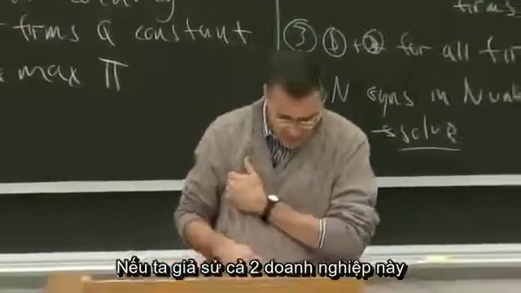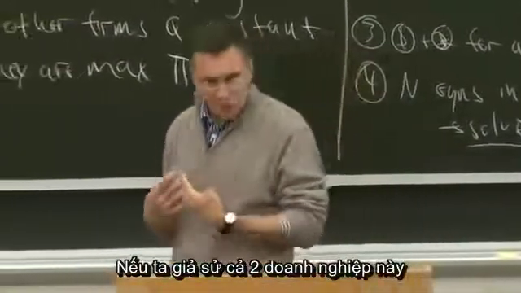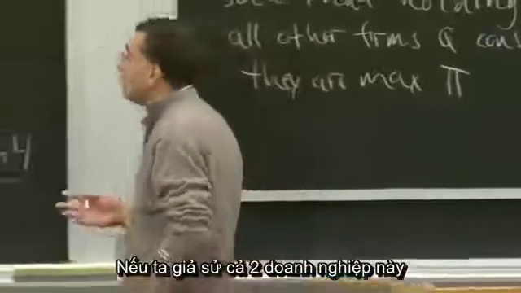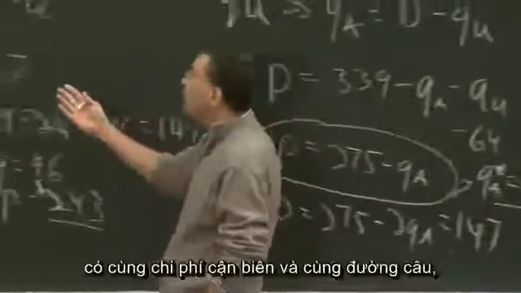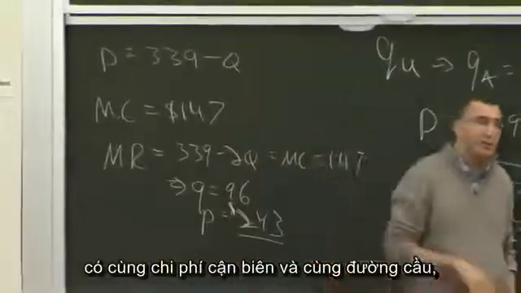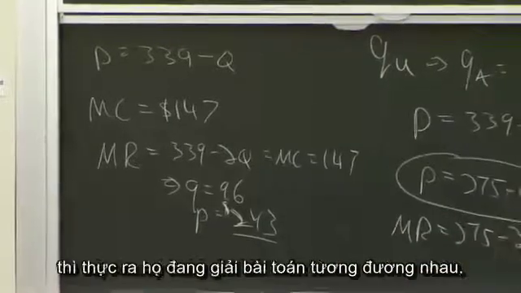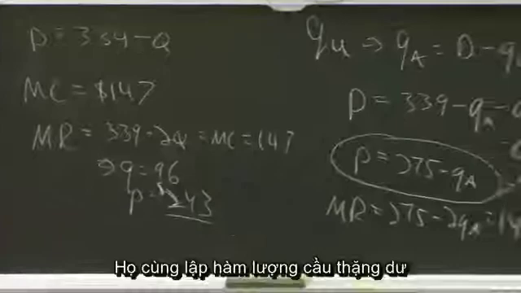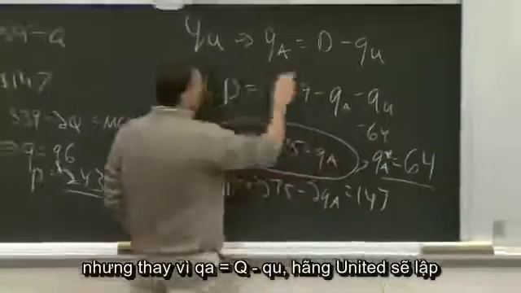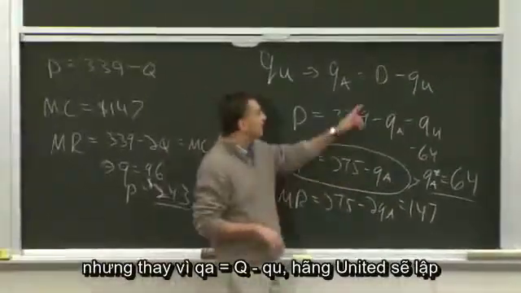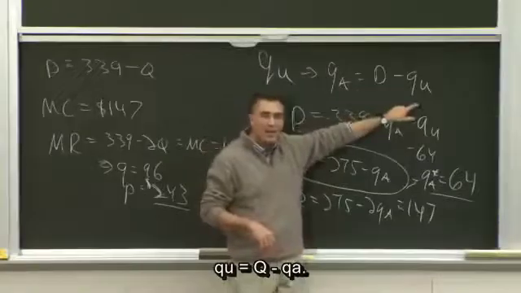In fact, if we assume that both firms face the same marginal cost and the same demand curve, then they're solving a symmetric problem. They are also creating a residual demand function, but instead of QA equals D minus QU, now United is making QU equals D minus QA.